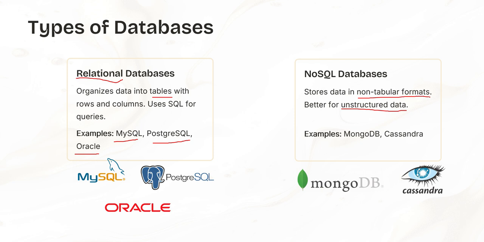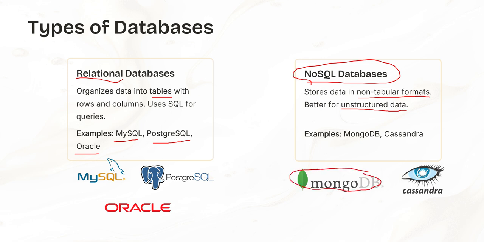So such databases which take in data that is not structured or not in the form of tables are called NoSQL databases or non-relational databases.